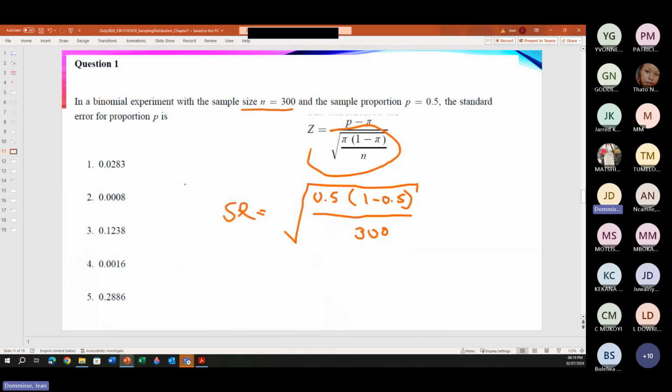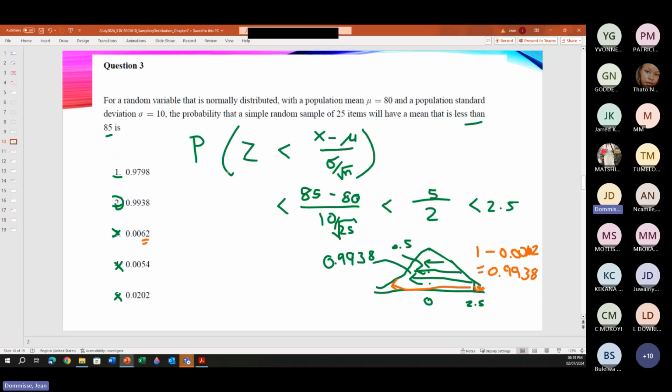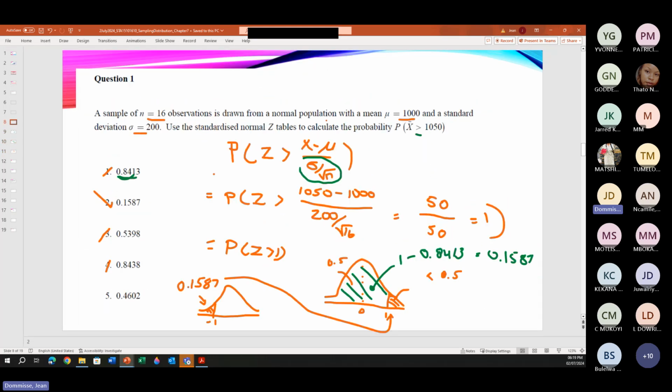In chapter 7, what they will say clearly in all the questions is that you're working with a sample. So that is nearly the big difference between chapter 6 and 7, is in all the questions that you need to work with these formulas, they need to tell you you're working with a sample.